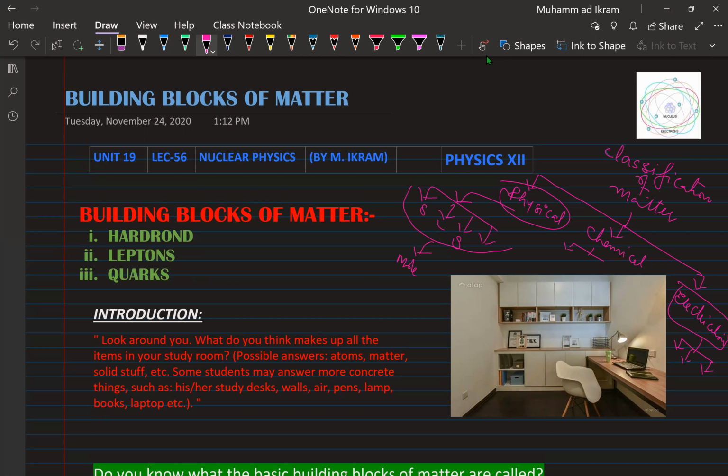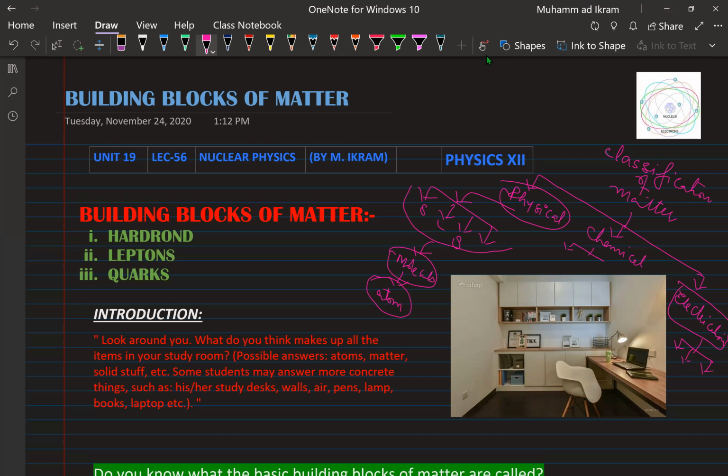And molecules are further made up of atoms. Right in the beginning of this nuclear chapter, I told what is atom and what is the nucleus. And even today we will see what is inside the nucleus and what proton and neutron are made up of, and I'll introduce to you the quarks also.